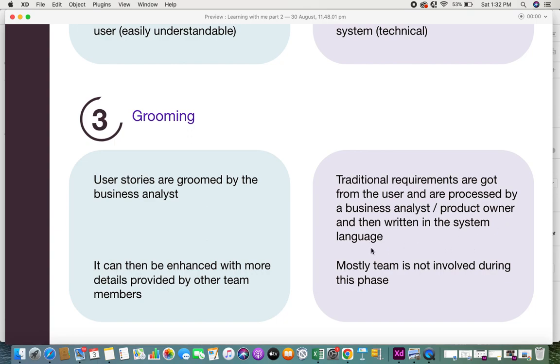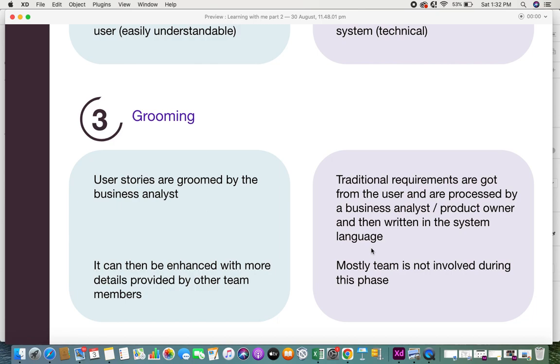So now let's say the client has come up to the business analyst or the product owner and says, for example, what we took earlier, "As a student, I should be able to attend online classes so that I do not have to travel to university." This is very clear from the customer's perspective, and you write it down.